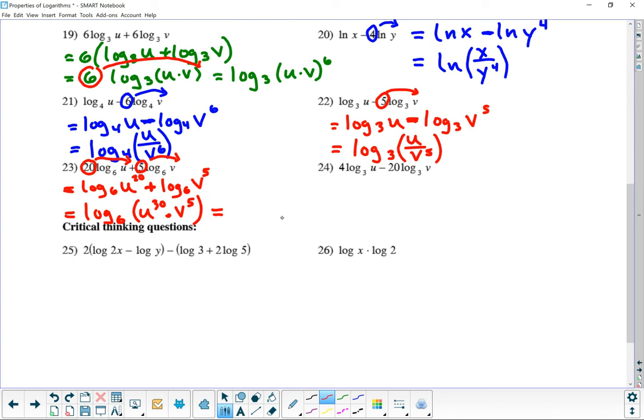Is this second method, or is this continuation, more condensed, right? So I'm going to go ahead and do log base 6, and I'm going to factor, and again, it's not really factoring, but I'm going to factor 5 out of 30 and the 5. So log base 6 of u to the 6th power times v, and then I'm going to put a 5 on the outside.